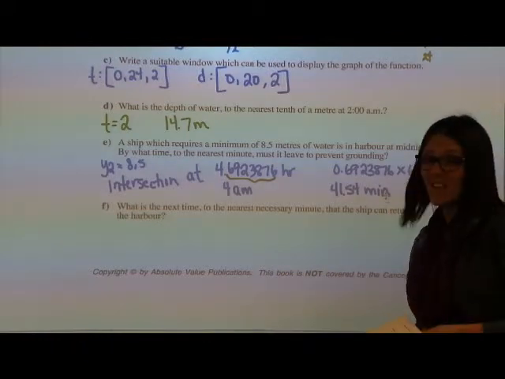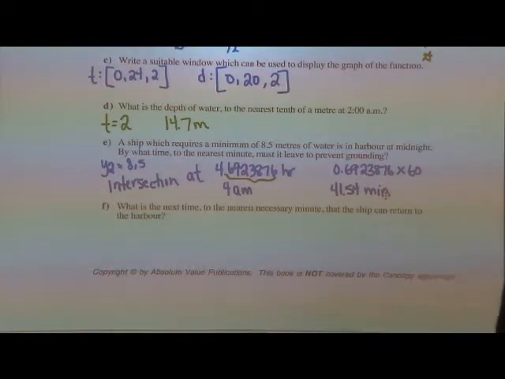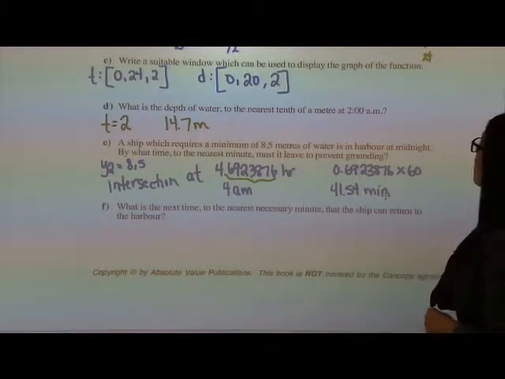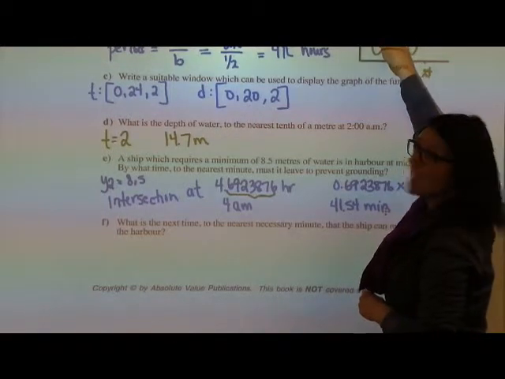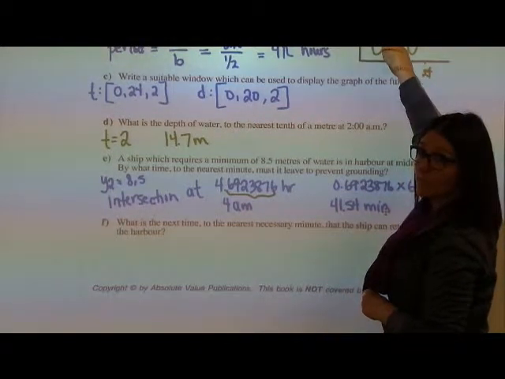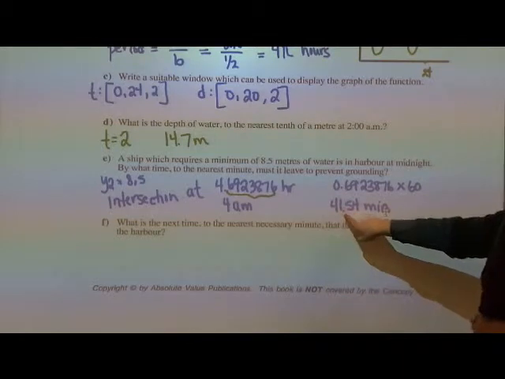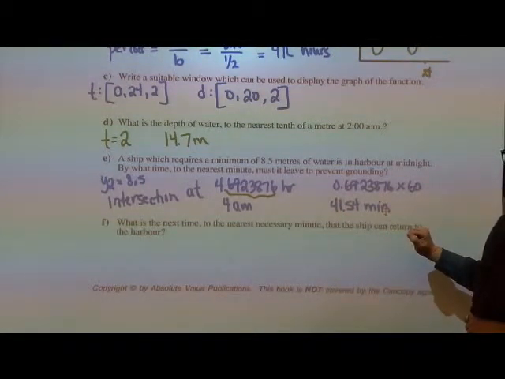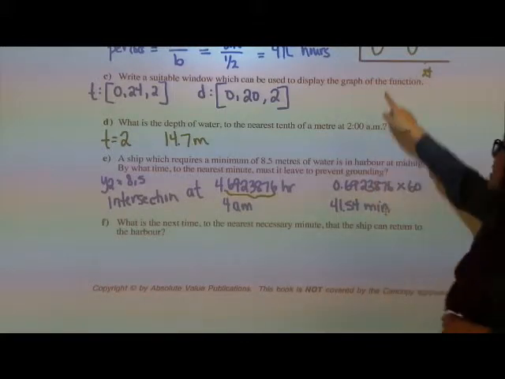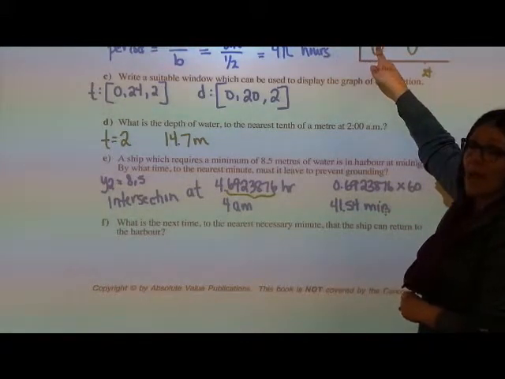Now remember what I said at the beginning of this section, we have to really be paying attention to our rounding rules, because the rounding rules with time do not always follow what we think they should follow. So if this is me at midnight and I have to leave before this time, am I leaving at 41 minutes or at 42? 41, because at 42, I'm slightly past.